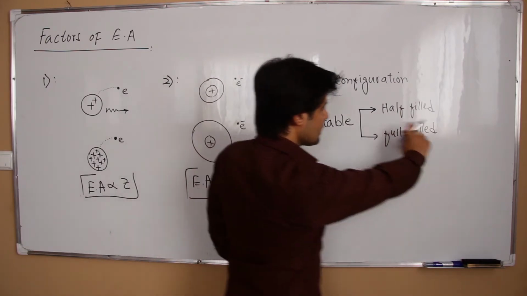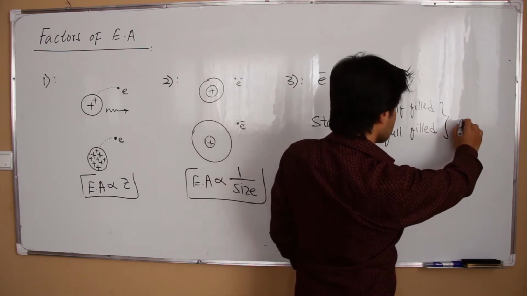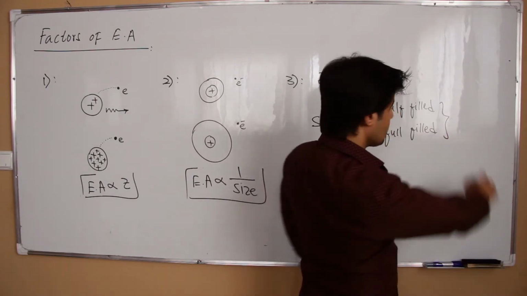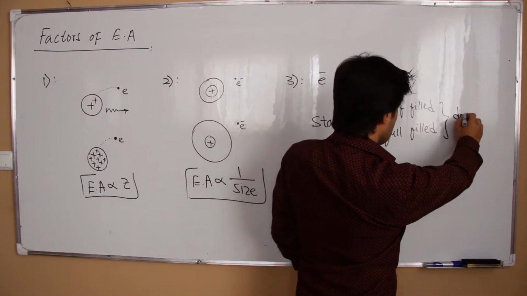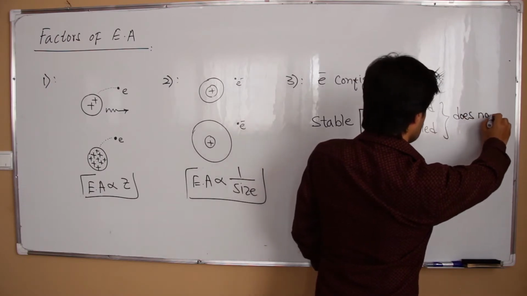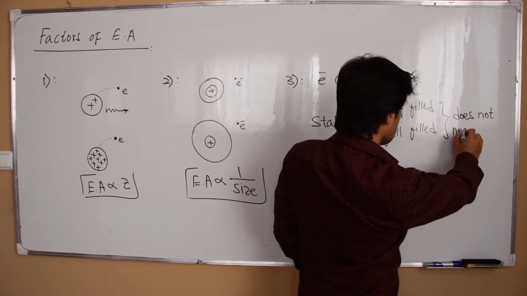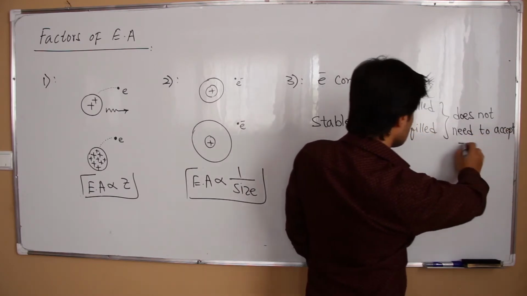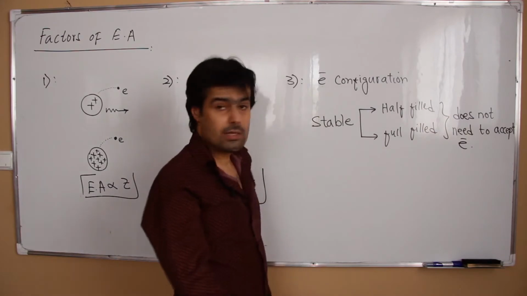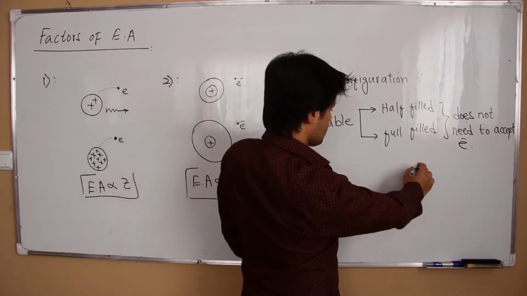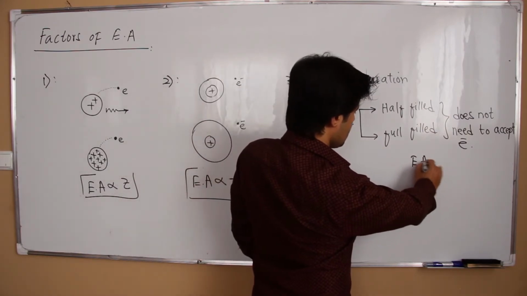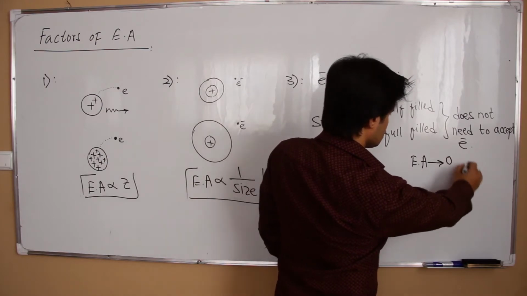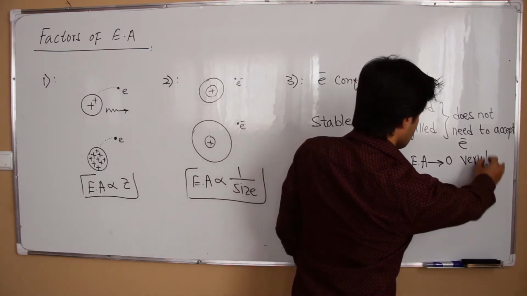In this case, the atom does not need to accept an electron. Hence, we can say that electron affinity approaches 0 or is very small.